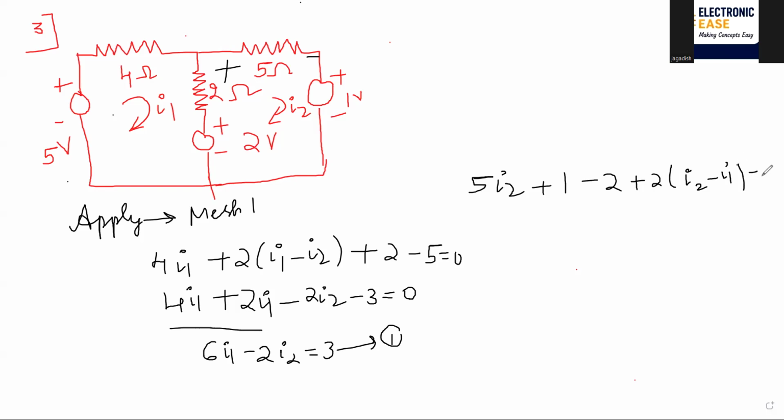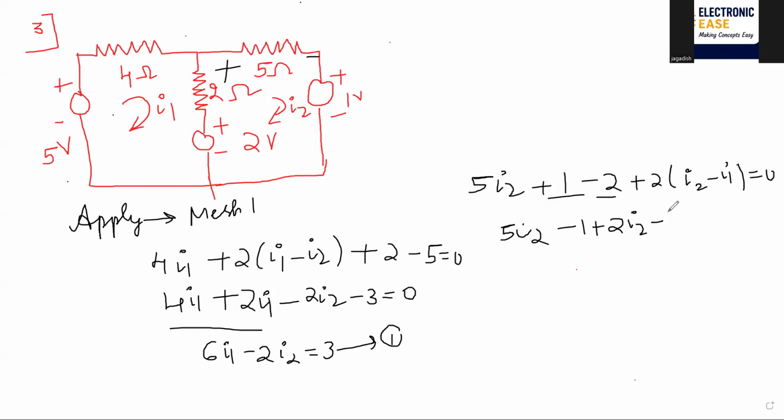So now we will be solving. 5I2 minus 3, plus 1, minus 2, plus, minus 1. Don't make a mistake, because if you make a mistake, the entire I1 and I2 will be a wrong answer.